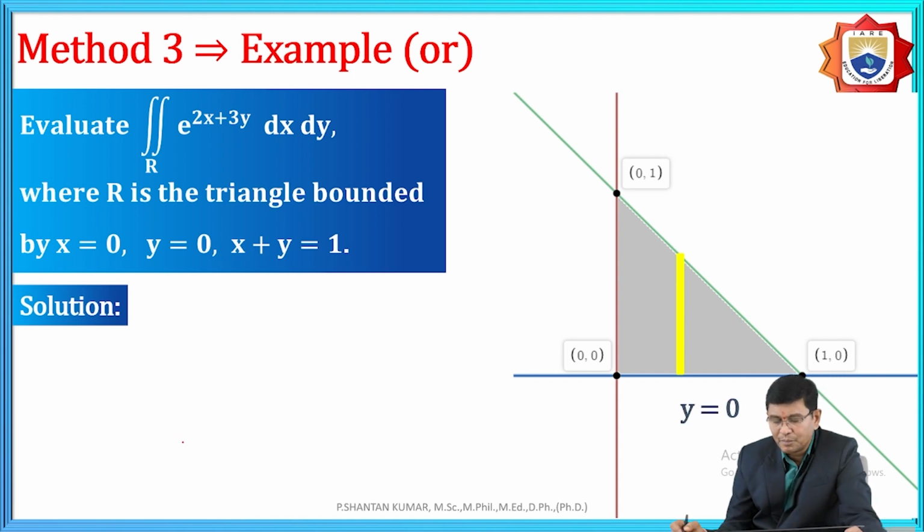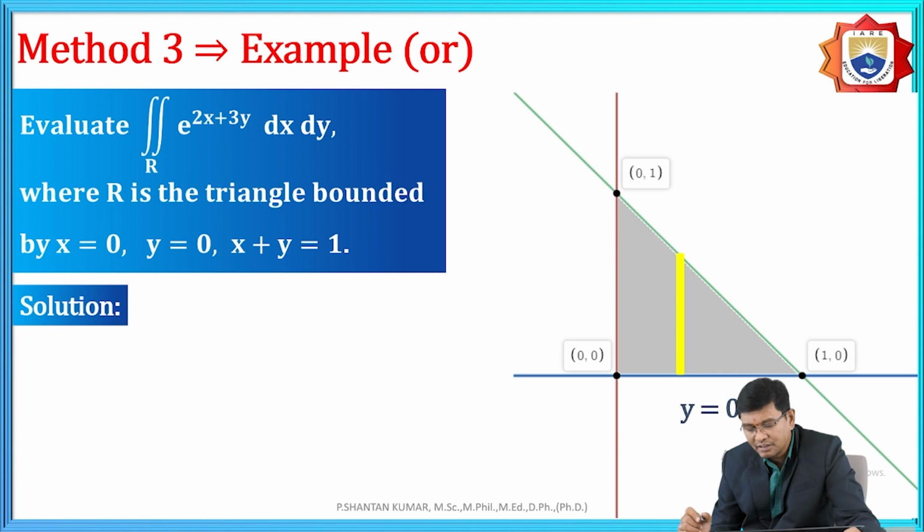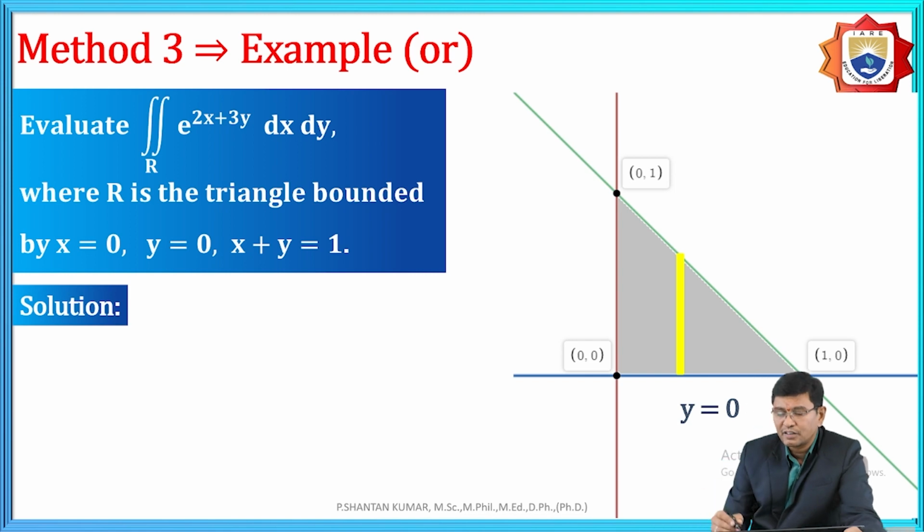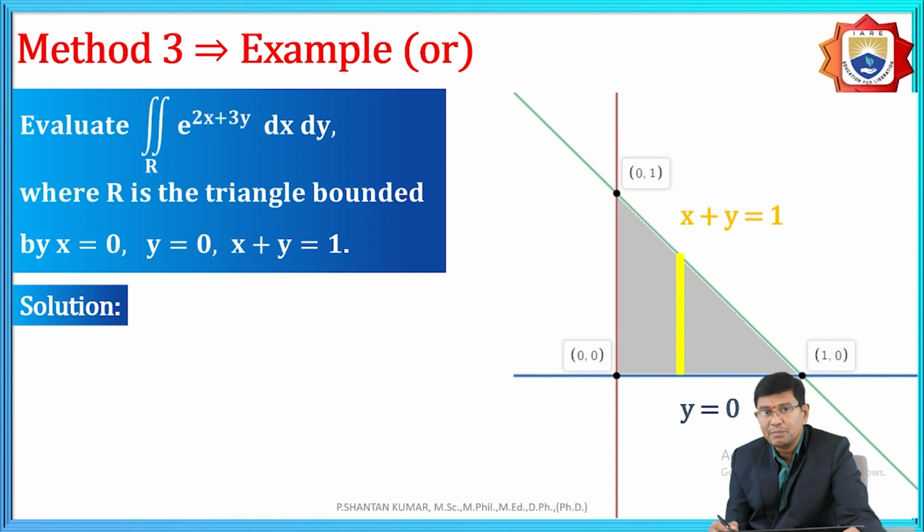Now for the same problem, in this one I took parallel to y. Parallel to y means it is vertical, and here y is equal to, the lower limit is 0, the upper limit is on the curve. The curve is x plus y is equal to 1. From this, y is equal to 1 minus x.